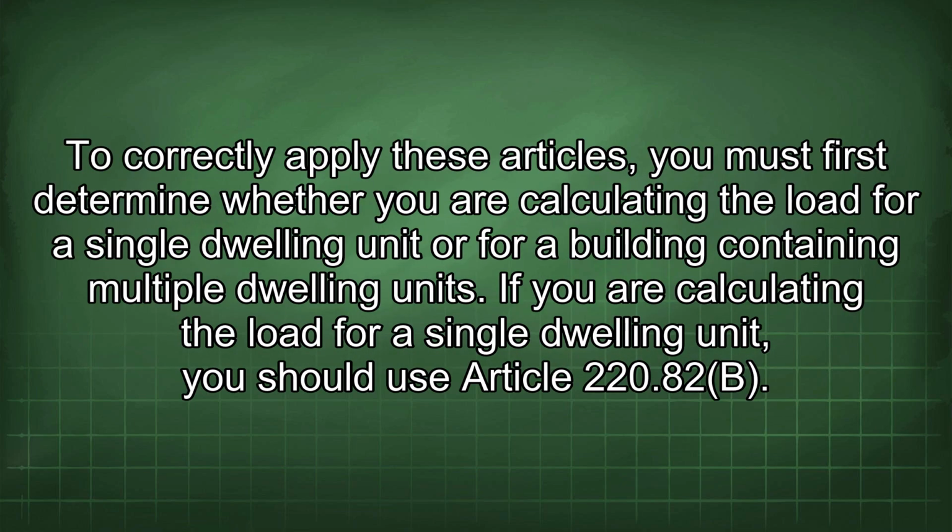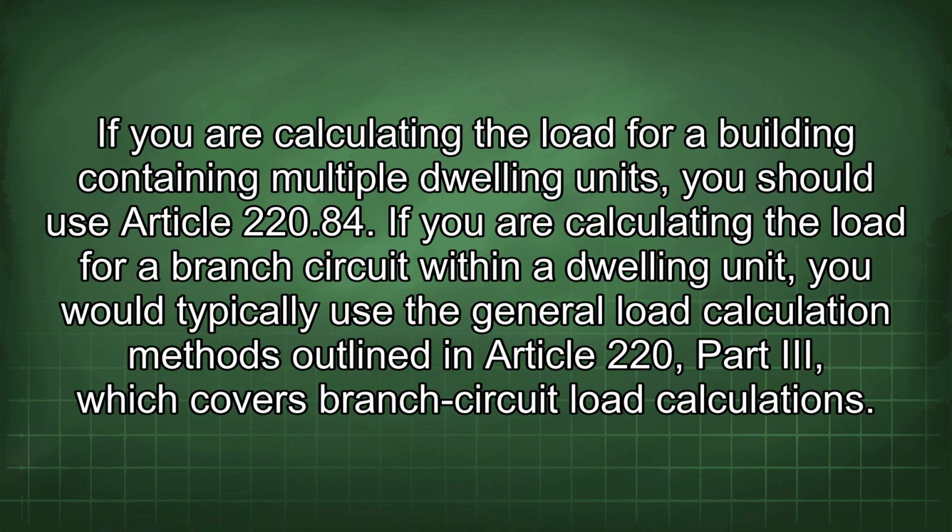To correctly apply these articles, you must first determine whether you are calculating the load for a single dwelling unit or for a building containing multiple dwelling units. If you are calculating the load for a single dwelling unit, you should use Article 220.82(B). If you are calculating the load for a building containing multiple dwelling units, you should use Article 220.84.